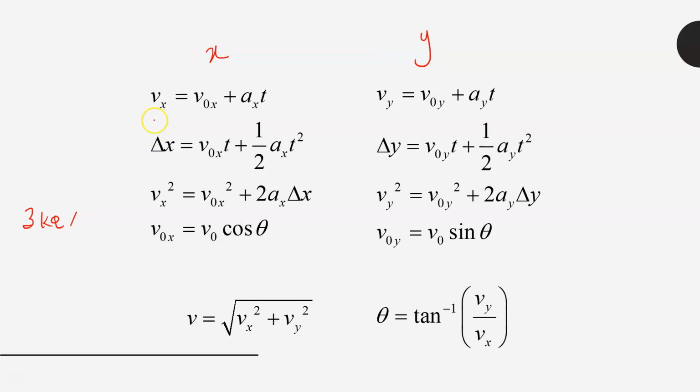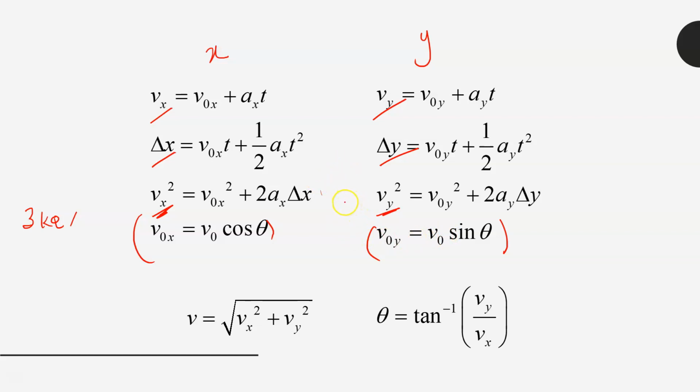So we have our velocity in the x-axis and y-axis, our change of distance in the x-axis and y-axis, and our third kinematic equations in the x-axis and y-axis. For this one, we have it from the separate initial velocities that we just derived.